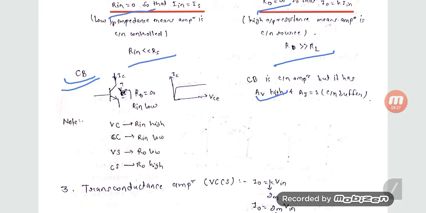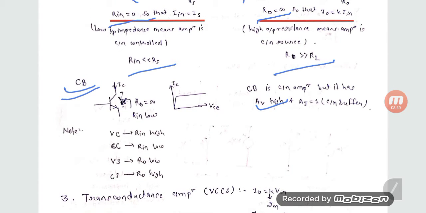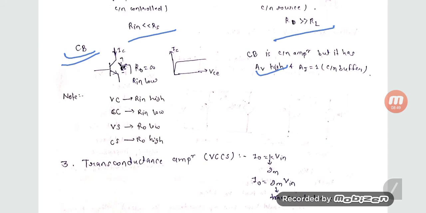It has low input resistance, through which you get a high current at the input side, and it has high output resistance, because of which you get high current at the output side. If you remember the circuit diagram, you can definitely say why Rin should be high or low, and why R0 should be high or low for a particular type of amplifier.